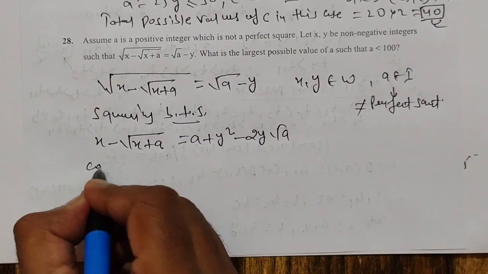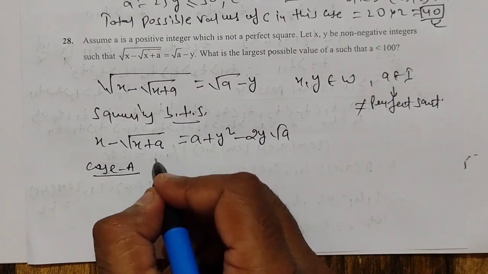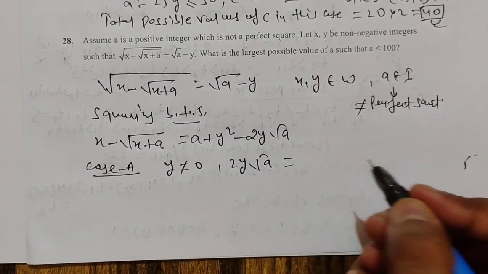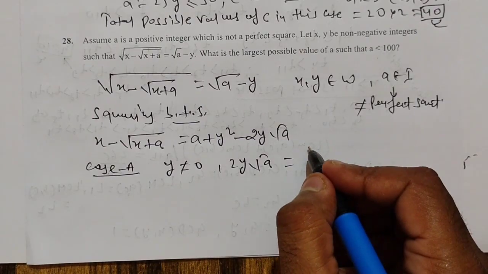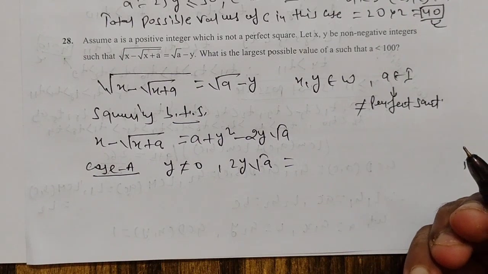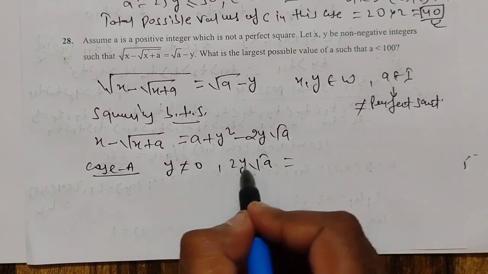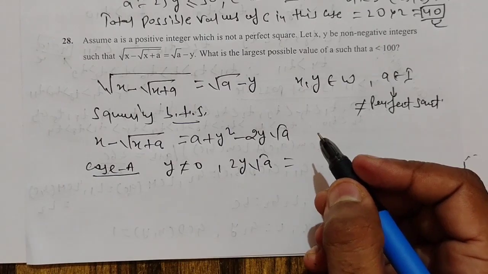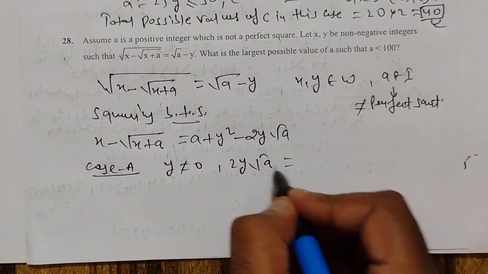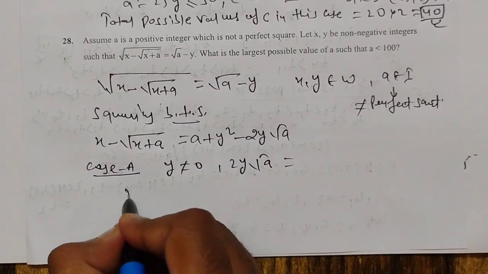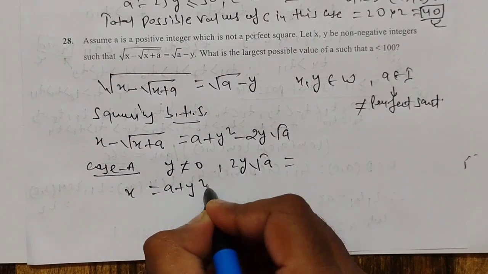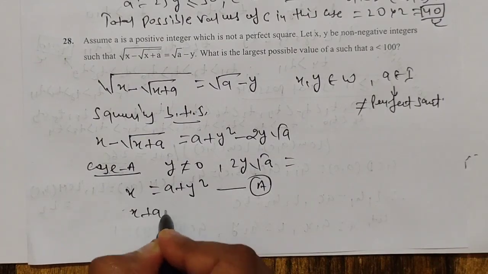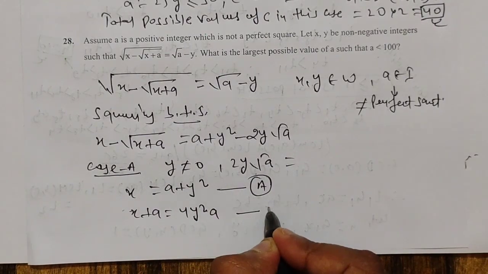Now in case a, we take y not equal to 0, then 2y square root of a is an irrational number, and by comparison, depends upon a, now if we compare, then x is equal to a plus y square as equation a, then x plus a is equal to 4y square a, and this is equation b.